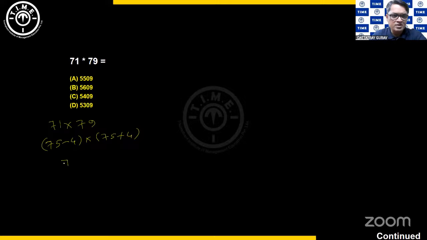So this is nothing but 75 square minus 4 square. What will 75 square be as per the previous method? It must end with 25, and 7 times 8 is 56. So 5625 minus 16. This is nothing but 5609. So option B is the answer.